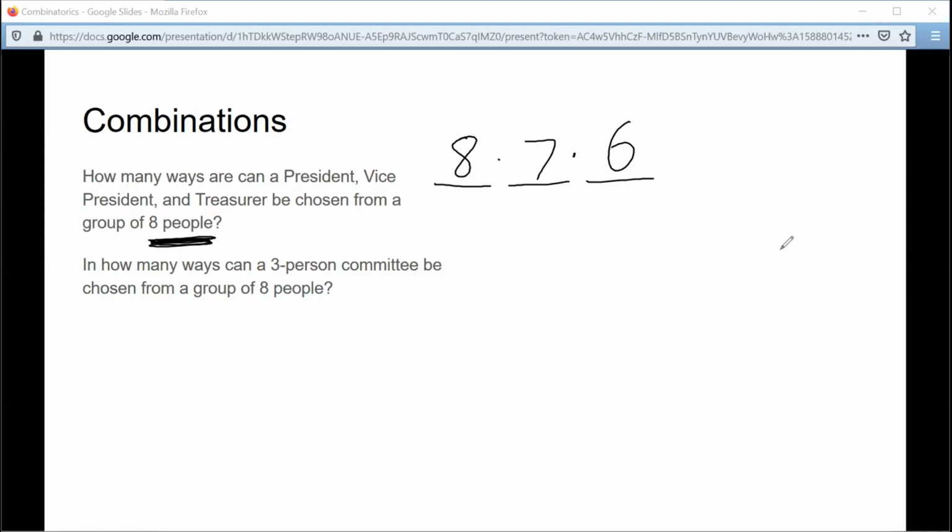And for our second question, a 3-person committee being chosen from an 8 people group means that the answer would actually be 8 choose 3, because there's a special notation for this. So let me explain what this special notation is.